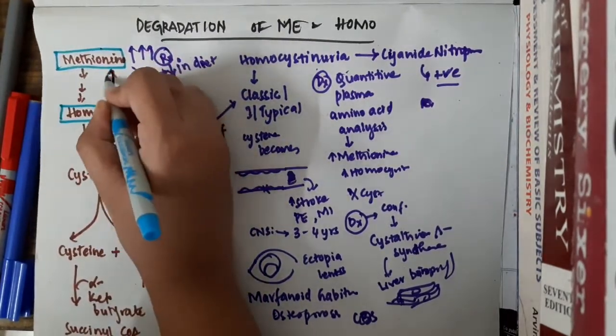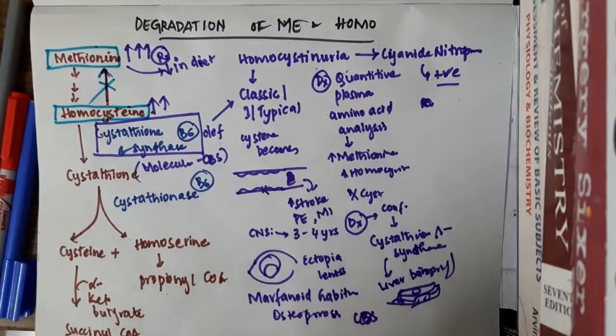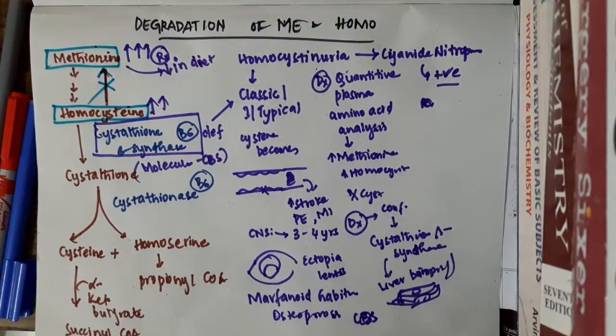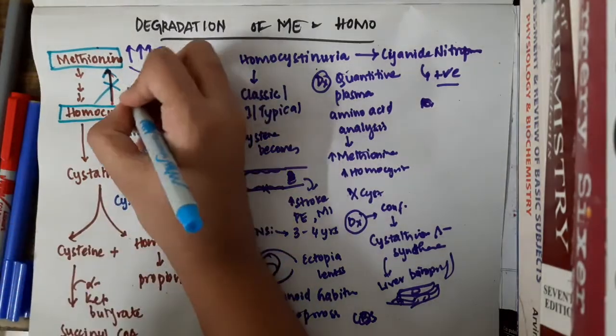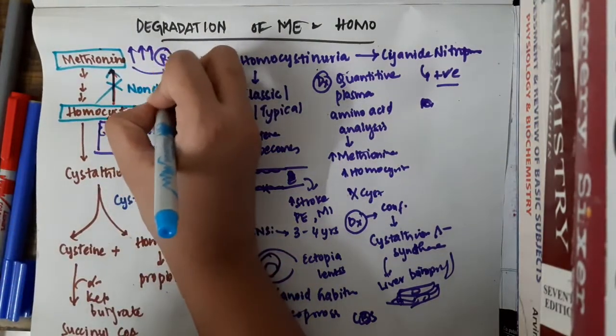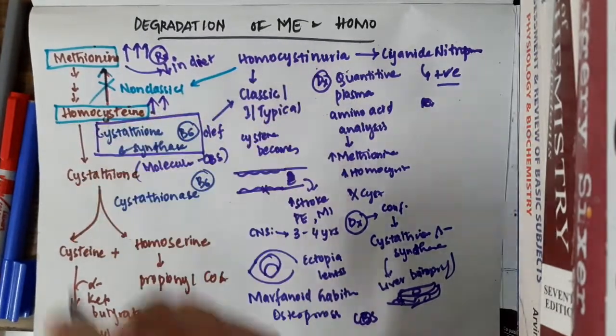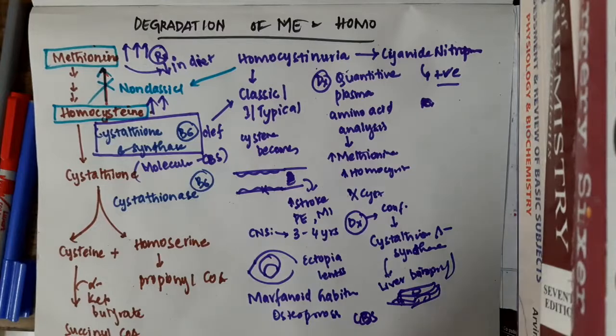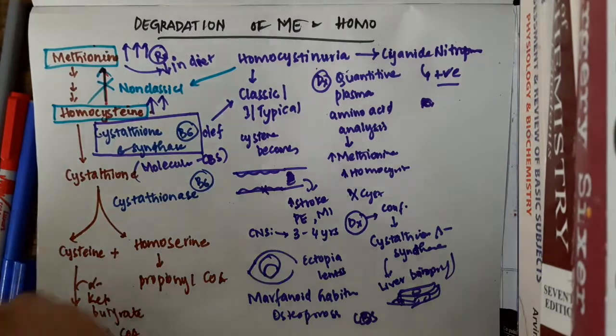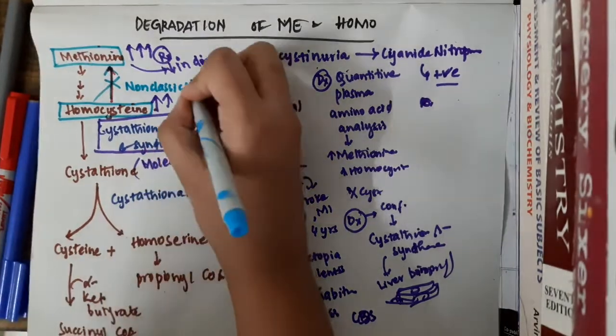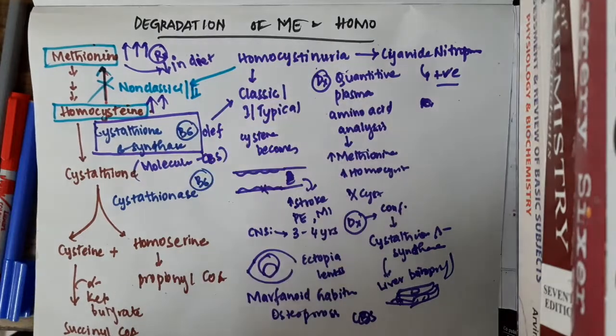That is, if this cycle is defective, it will cause non-classical homocystinuria.